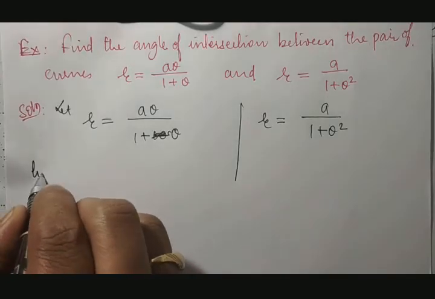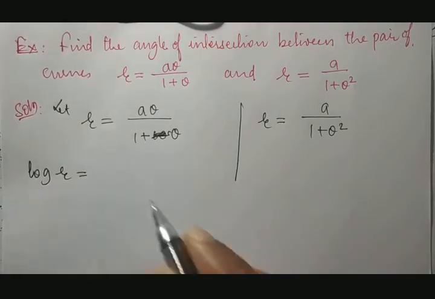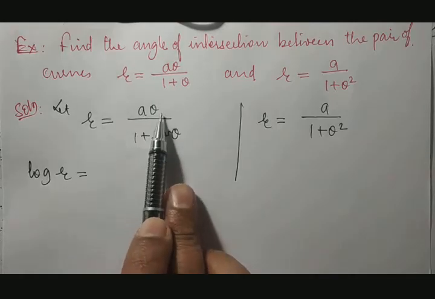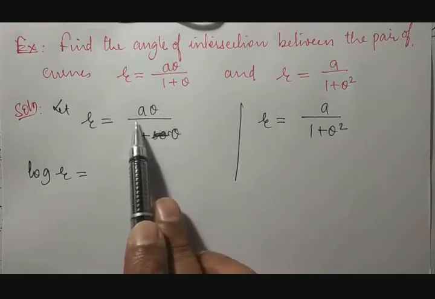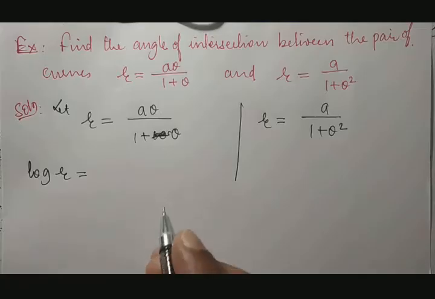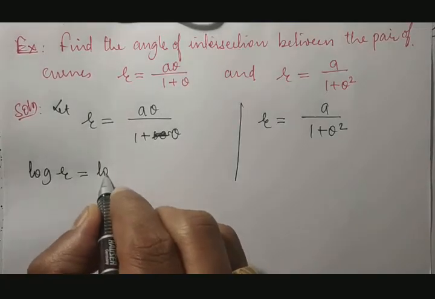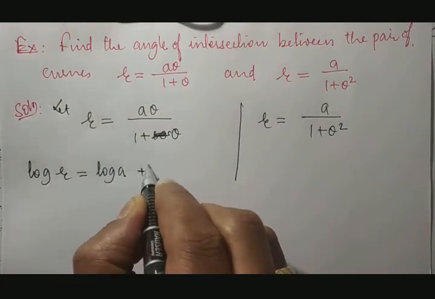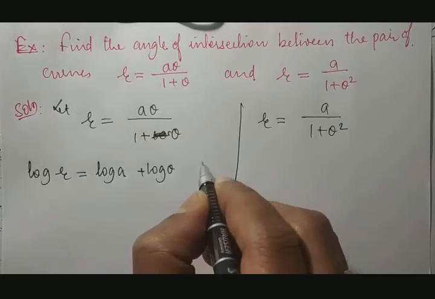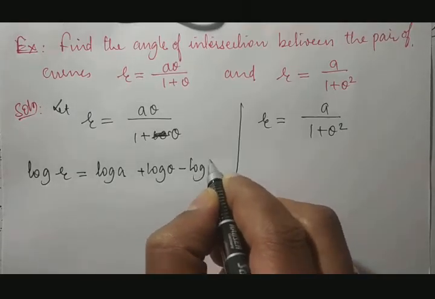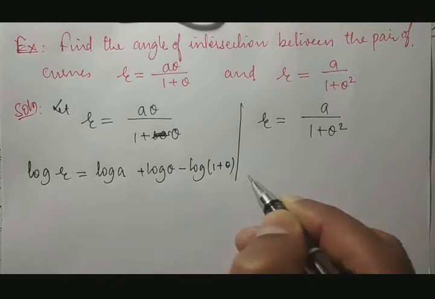Then what happens when we apply logarithm? It becomes log r is equal to log a plus log theta minus the logarithm of the denominator, that is log a plus log theta minus logarithm of 1 plus theta.